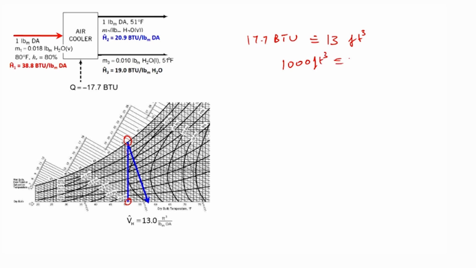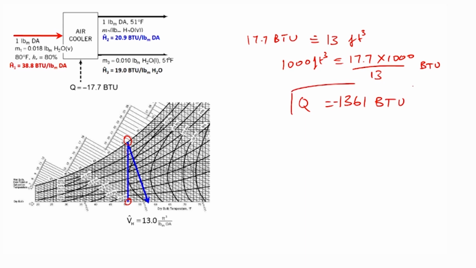To produce 1000 feet cube, we need to remove 17.7 times 1000 divided by 13 BTU of heat. So the amount of heat that needs to be removed would be roughly 1361 BTU. Q would be negative because you are removing heat. So this is the heat being removed.